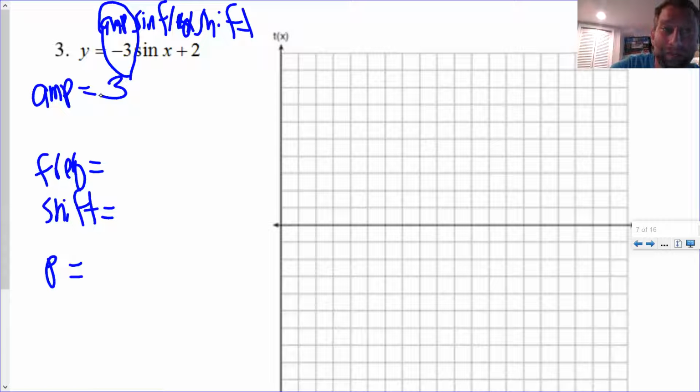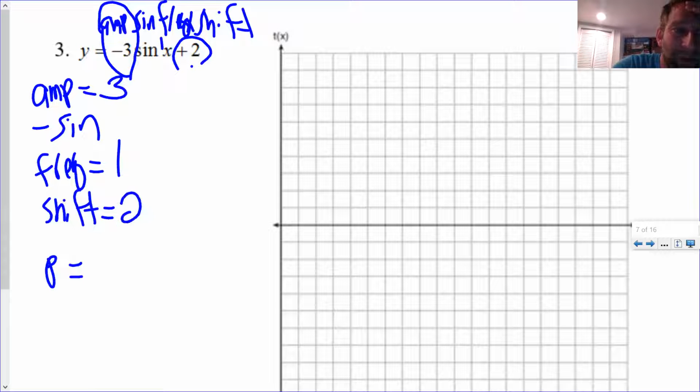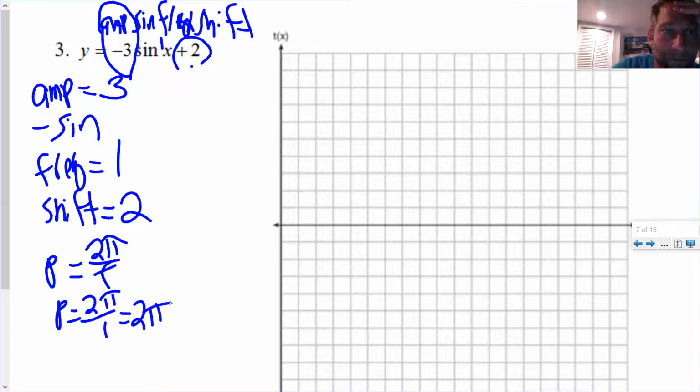It's 3. Sine or cosine, positive or negative. Well, that's where the negative comes into play. It's a negative sine. Frequency is what's between the sine and the x. That's 1. Shift comes after the x. That's 2. Period is 2 pi over the frequency. It's 2 pi over 1, which is 2 pi.